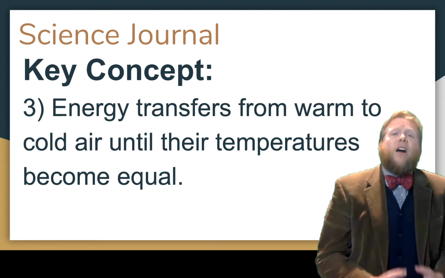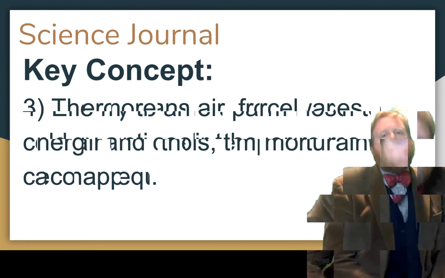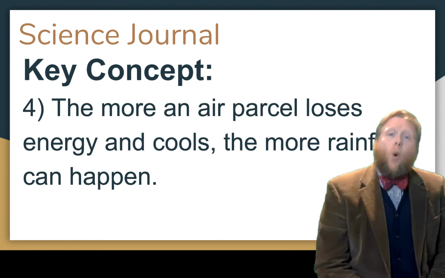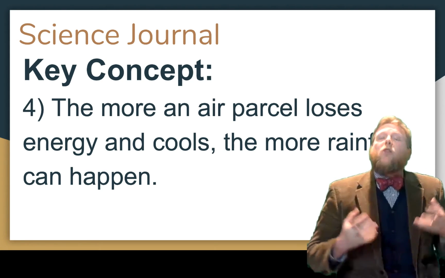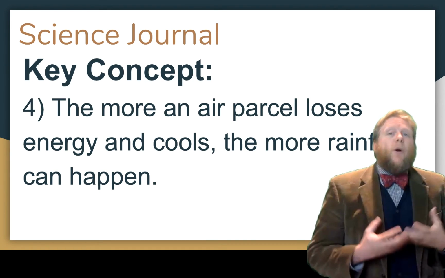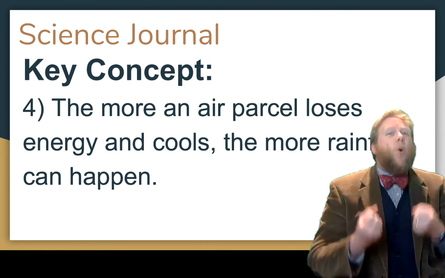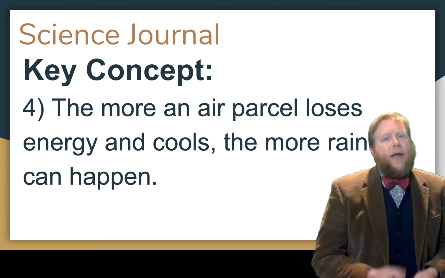And that's happening when energy is being transferred out. That leads to condensation, which leads to our 4th key concept. Key concept 4 says the more an air parcel loses energy and cools, the more rainfall that will occur. Put it another way, the more energy that transfers out, the more condensation. More condensation means more rain.